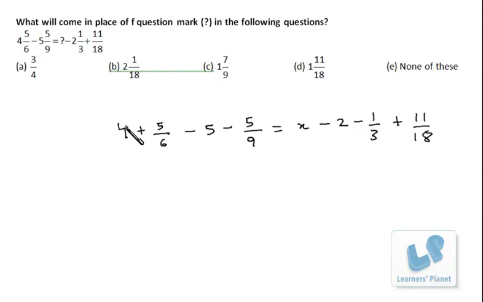So it's 4 minus 5 minus 1, this 2 will come this side, so minus 1 plus 2 is 1, then this is 5 by 6 5 by 9, just cancel this also.